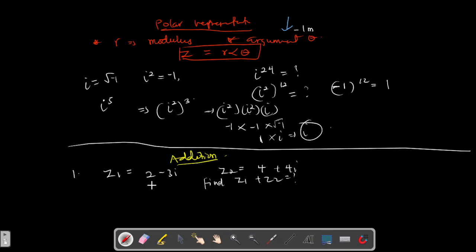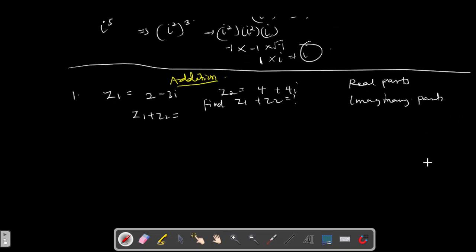To solve this, we simply say z1 plus z2 is equal to... In the addition of complex numbers, take note, we add real parts together separately from imaginary parts. So in this problem, you identify all the real parts. My real part in the first complex number is 2, in the second is 4. My imaginary part in the first is -3, and in the second is 4.